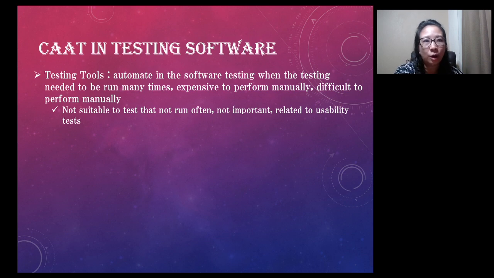So instead of doing the testing one by one, we can automate it. But it's not for all software; usually the testing tools will be used if the testing needs to be run many times. So rather than doing testing one by one again, we can automate it.